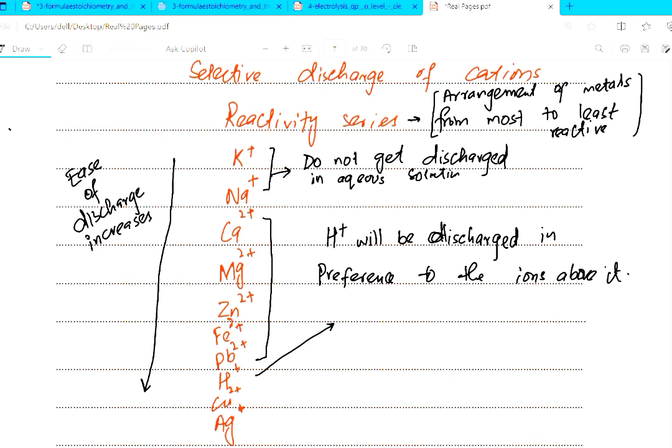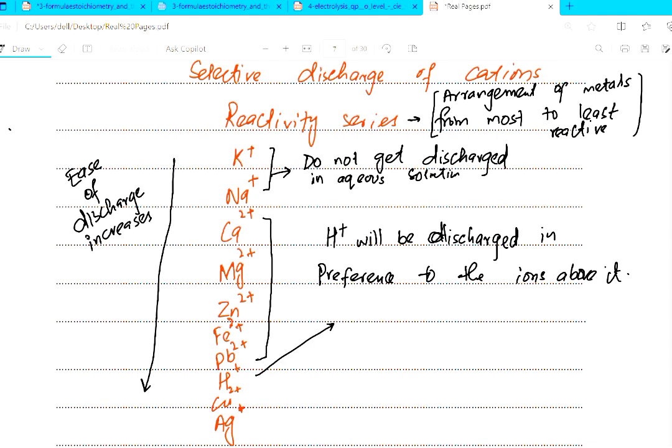You can simply see over here that for the ions which are above it, it's hard for them to be discharged, so that's why we can say hydrogen will be discharged. It's easy for hydrogen to be discharged, so when we have the aqueous solution, hydrogen will be discharged as compared to the calcium, magnesium, zinc, iron and lead.